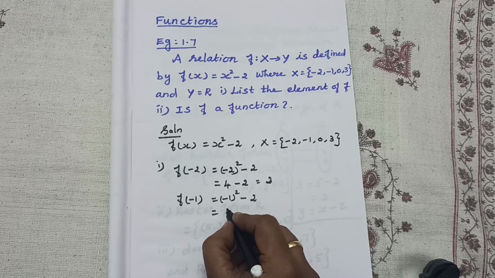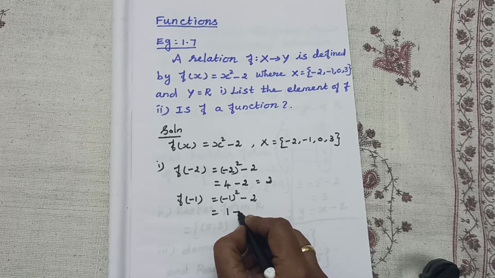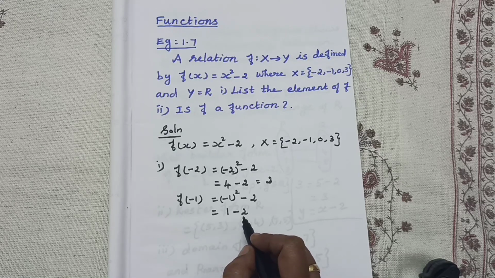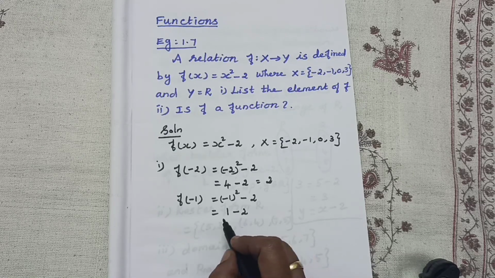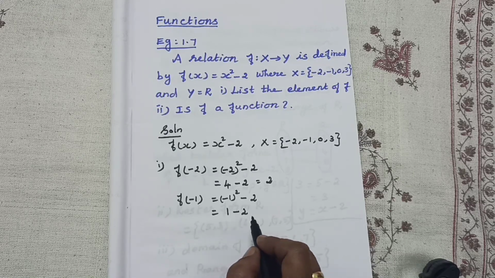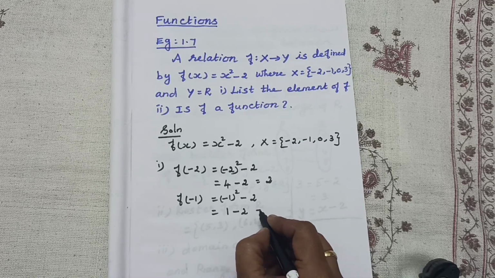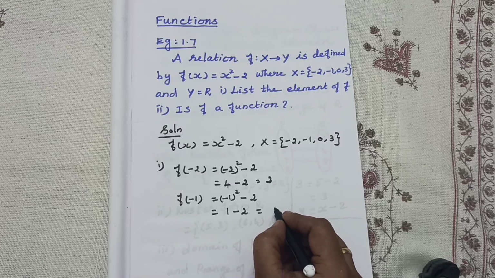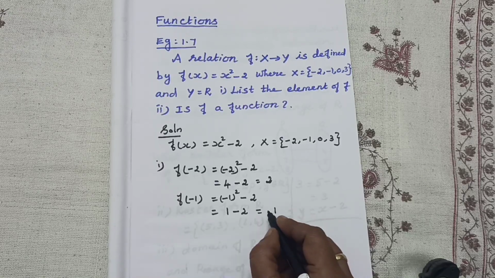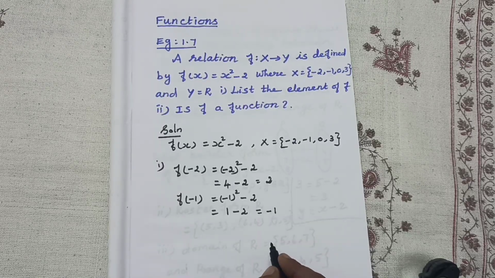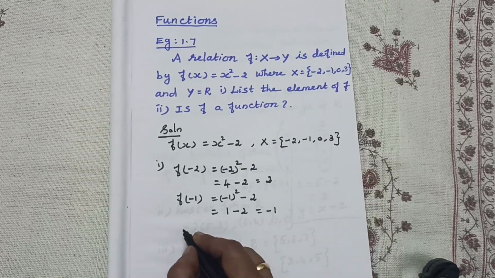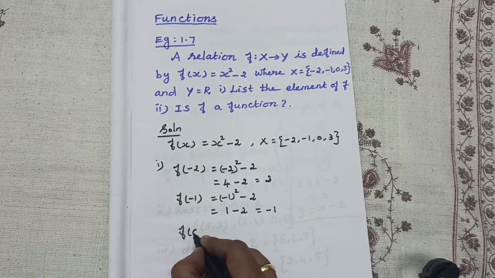Then 1 minus 2: big number minus small number, so the sign of the greater number applies. 2 minus 1 is 1, and the greater number's sign is minus, so it is minus 1. Am I correct?